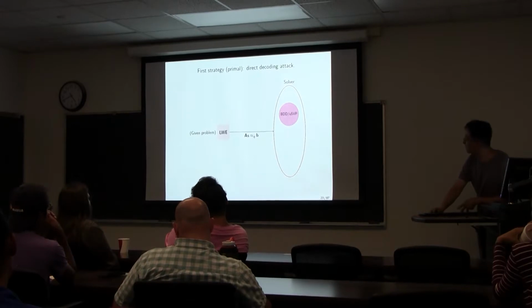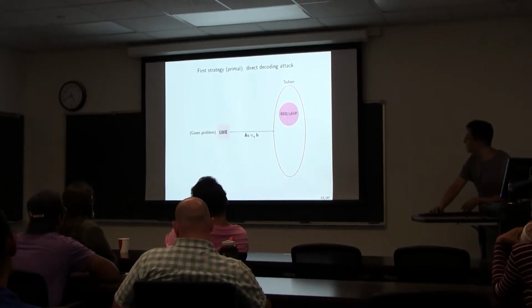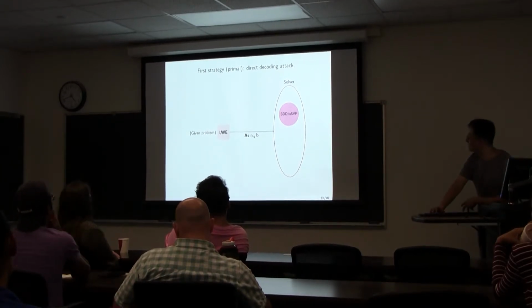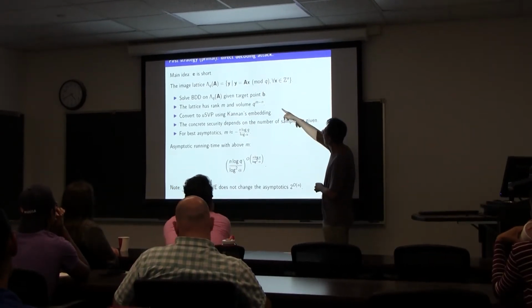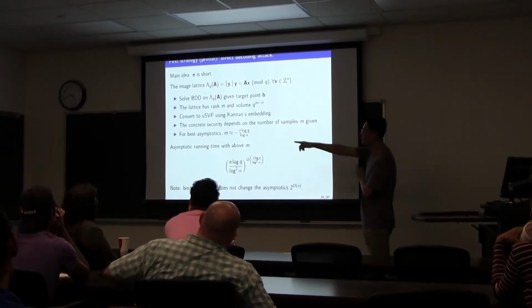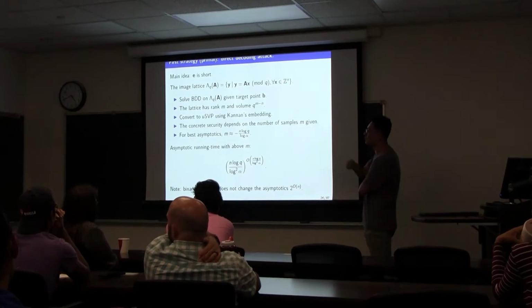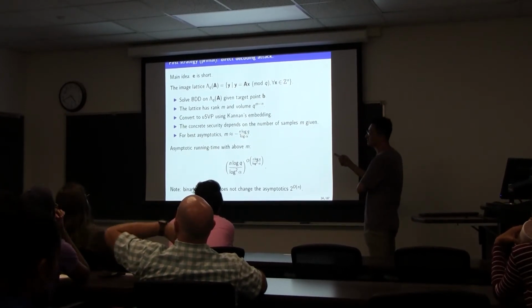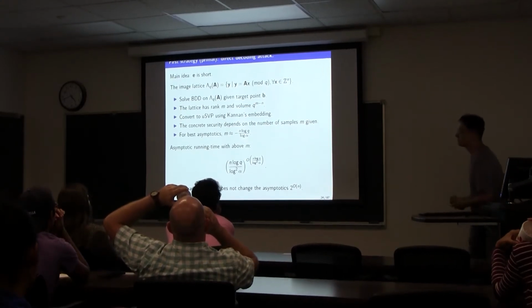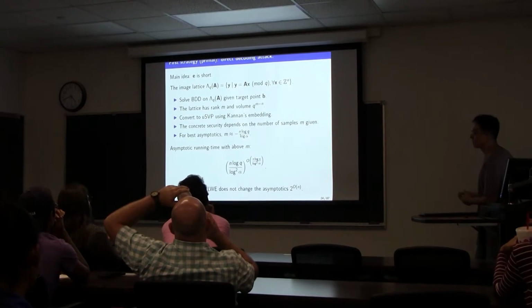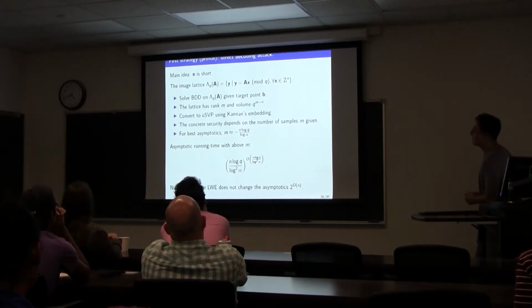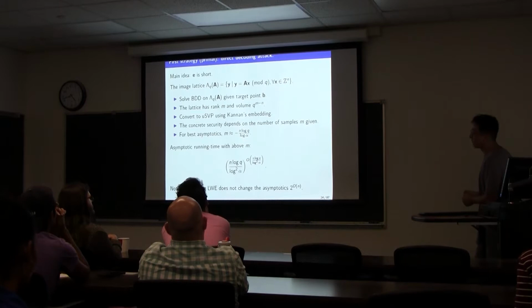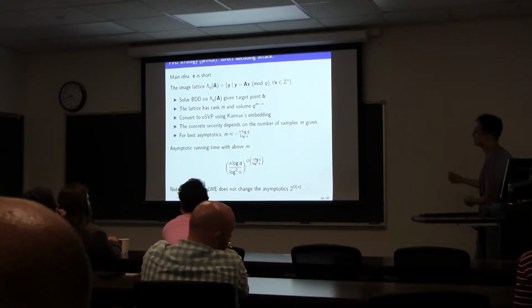So it mainly uses the property that E is small, so the lattice generated by this A mod Q is close to B. I will consider the image lattice, which is Y equals AX mod Q. That's exactly what I wrote on the right-hand side: AX plus a vector times Q. So B is some point in the linear span of the vectors of A, which is close to a lattice point up to a distance of E. Then, given this target point B, I will try to find its closest lattice vector because the distance is small.